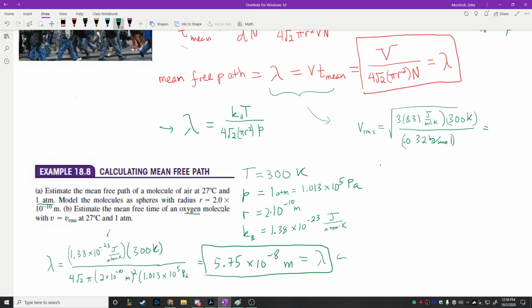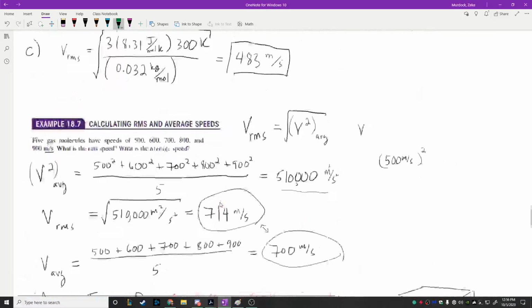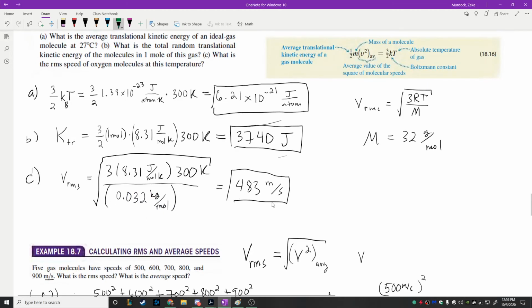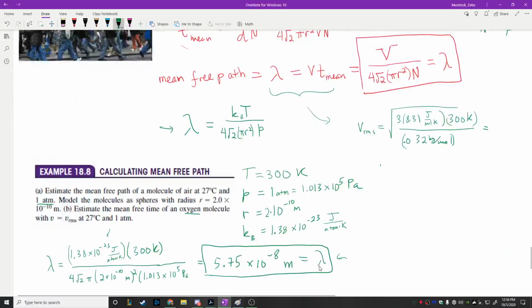I feel like we already did this calculation in the previous problem. Yeah, 483 is the Vrms. And then to find T mean, we would take lambda divided by the velocity.